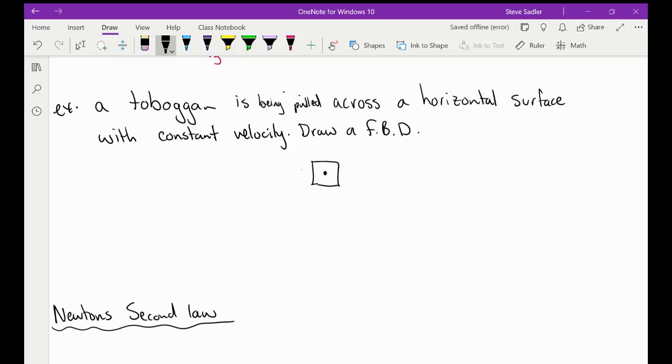So this is our toboggan. Again, everything can be drawn as a square, and then we put our point in the middle. We know that the toboggan is being pulled across a horizontal surface. There's going to be a force of gravity on this and a normal force acting between the surfaces.